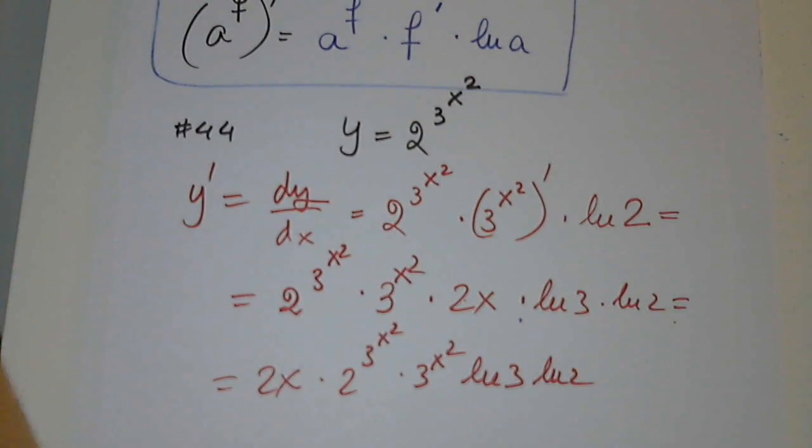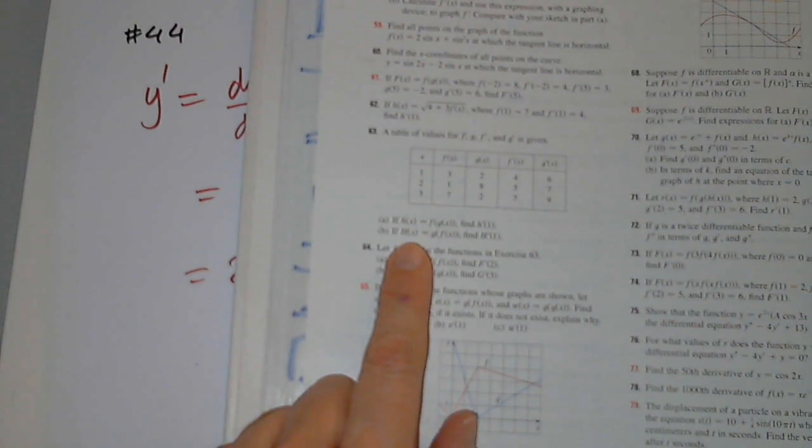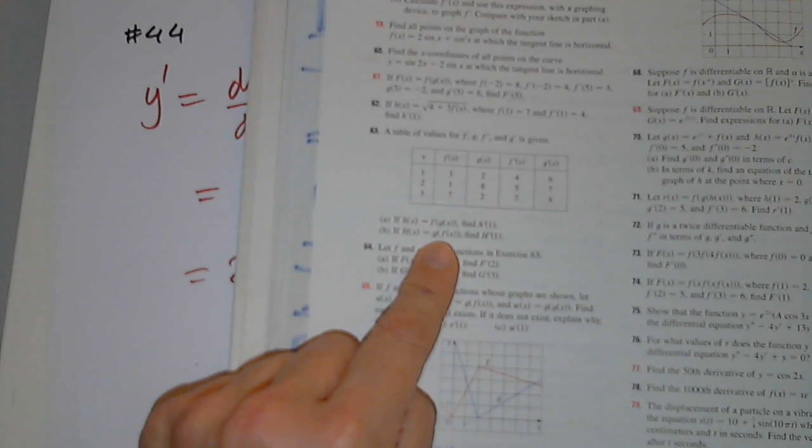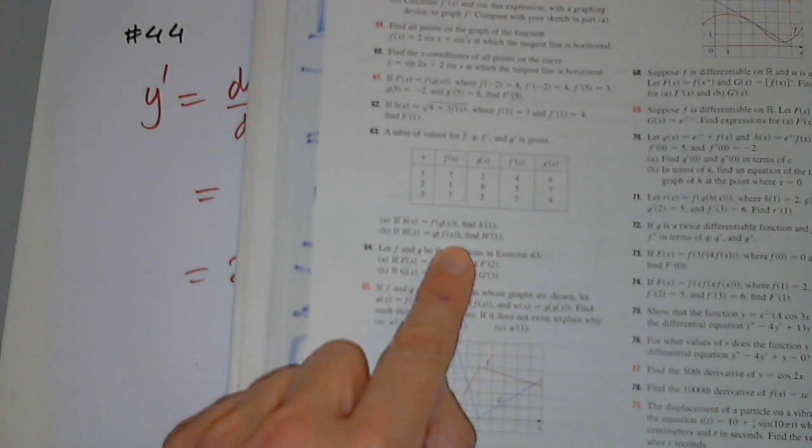Okay, so what would you like to continue with? You want to look at the table? Yep. 63. Part A or B? B, fine. So let's take a look. Maybe I should just show you here what we're talking about. Okay. So we're asked to find h of x, knowing that h of x is g of f of x.